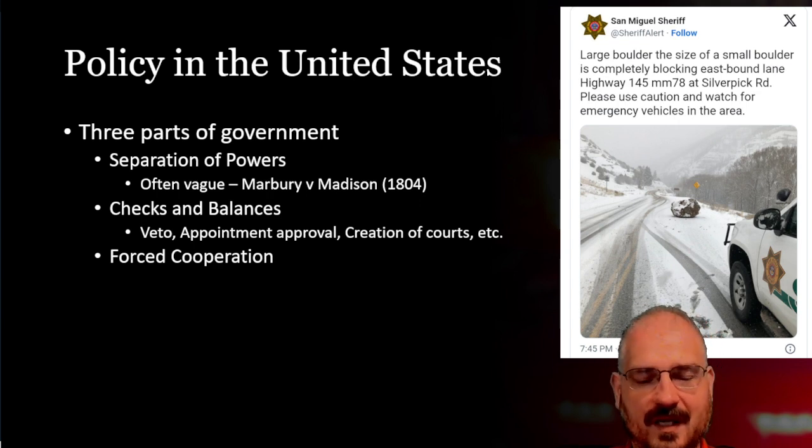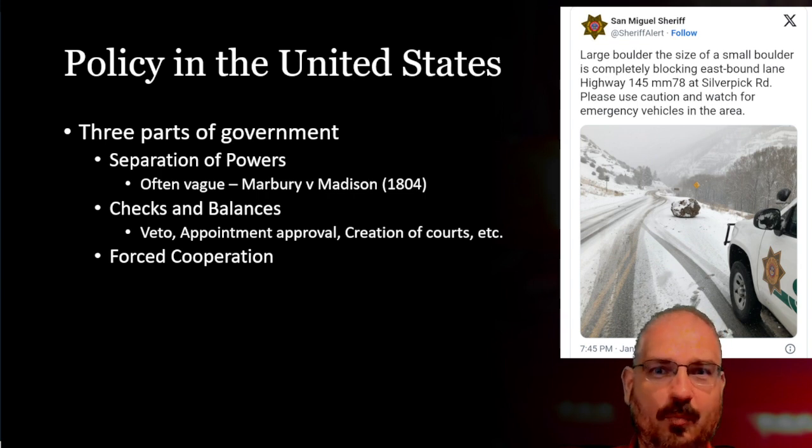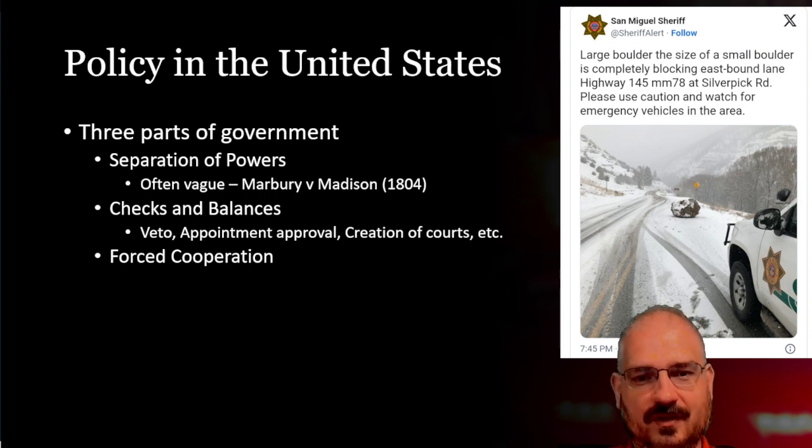A few different examples of that are things like the president can veto laws that are passed by Congress. When the president appoints somebody to either a cabinet position or a federal court, they need the approval of part of the legislature, right? Congress has the power to create new or different courts, right?